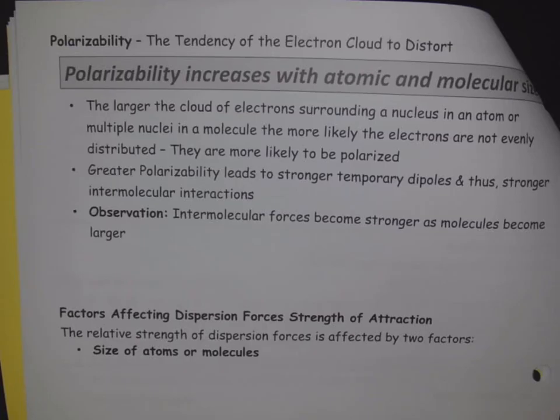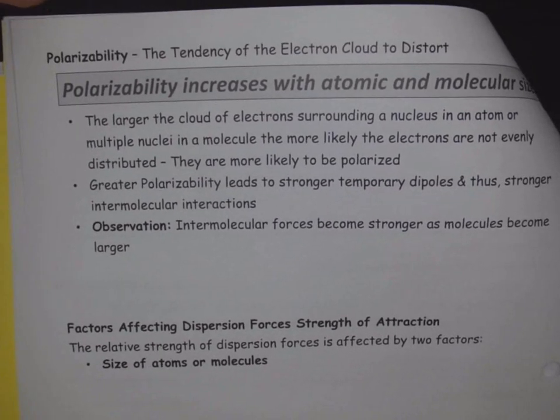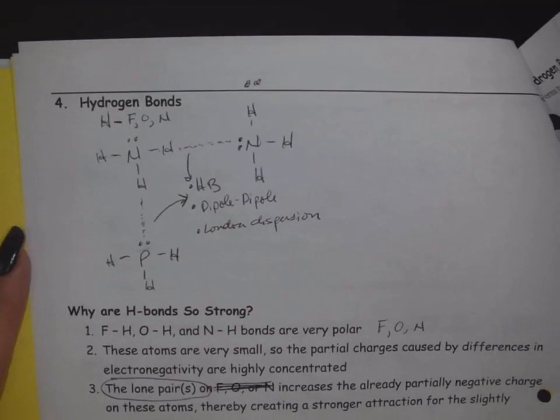So during class, we talked about the three main types of IMFs: London dispersion, dipole-dipole, and hydrogen bonding. Now, a couple of things that I need you to know.